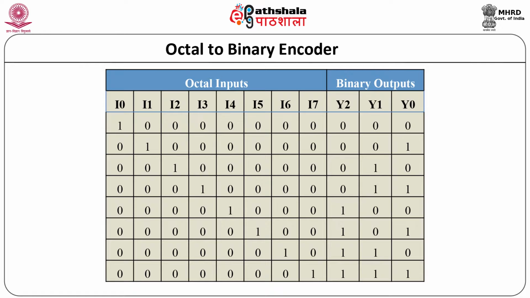Similarly, in the outputs, Y0 represents least significant bit LSB and Y2 is the most significant bit, that is MSB. The truth table includes only valid combinations of the inputs. The valid combinations are those which have exactly one input equal to logic 1, while all other inputs are at logic 0.